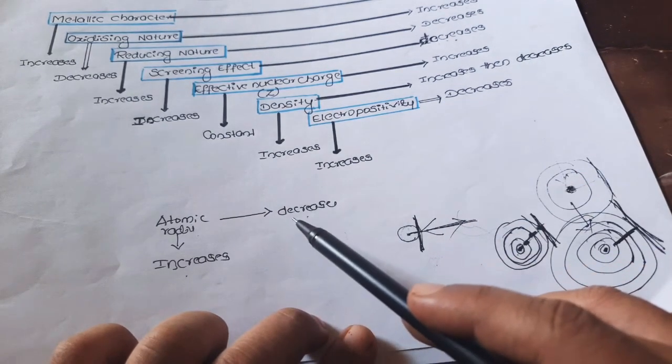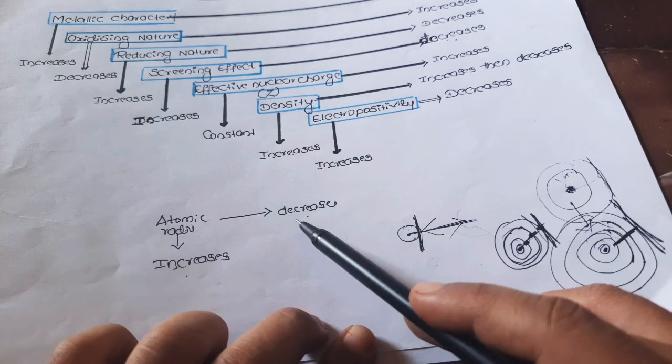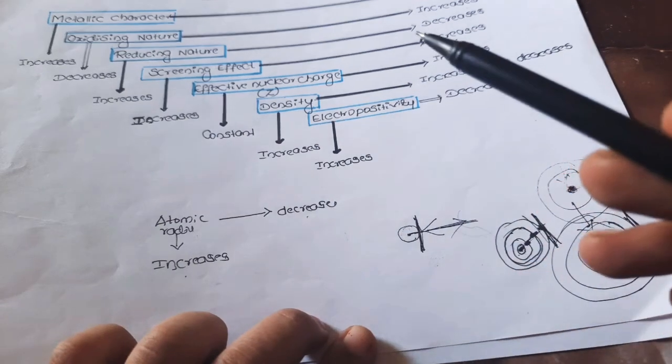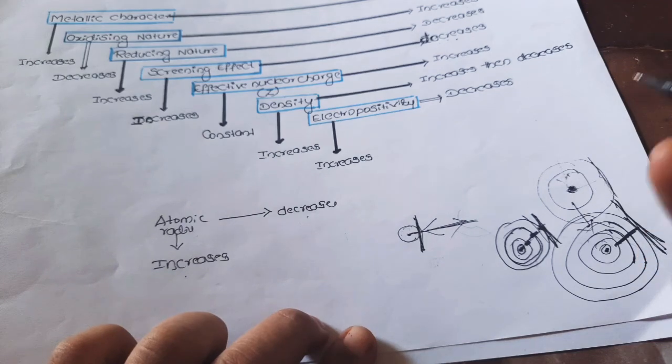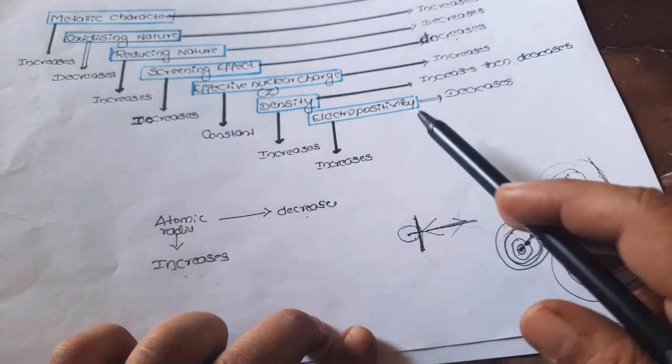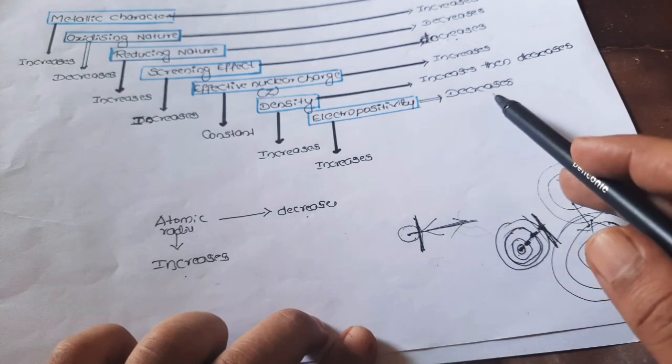Along a period, the atomic radii or the size decreases, so the electrons are strongly held. If the electrons are strongly held, it gets difficult to donate the electrons. So electropositivity along a period decreases.